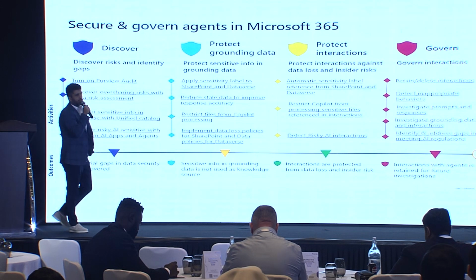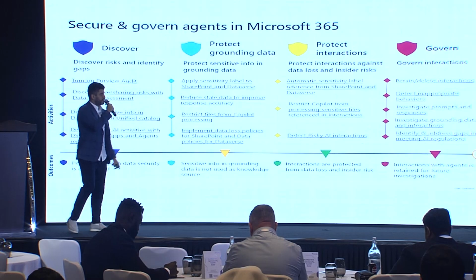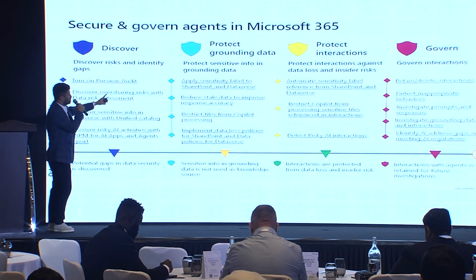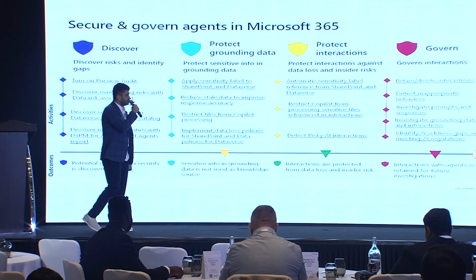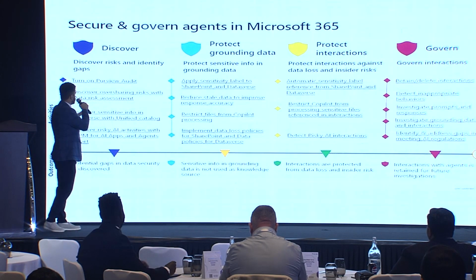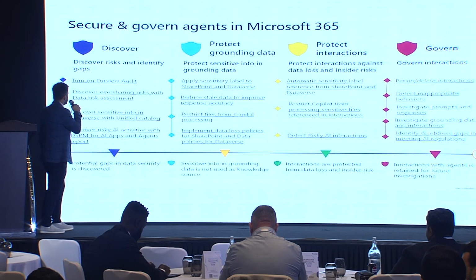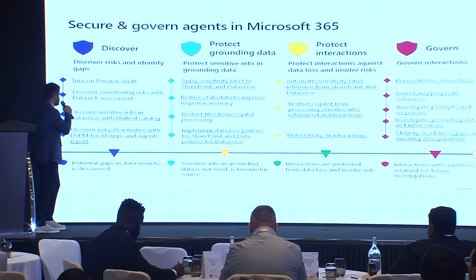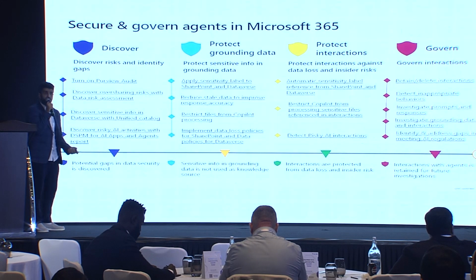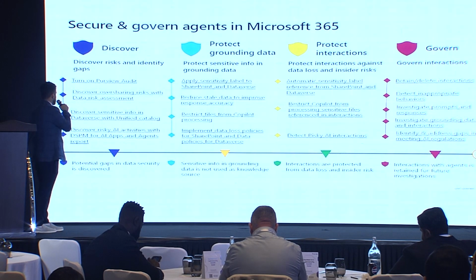To protect GenAI in 365, we have 4 layers here. We have discovery, protect data, protect the interaction, and governance of the interaction. The first one is to enable the audit mode in Azure, discover the oversharing link, which is very important, discover the sensitive data in our components before deploying any GenAI, and discover risky AI activity.